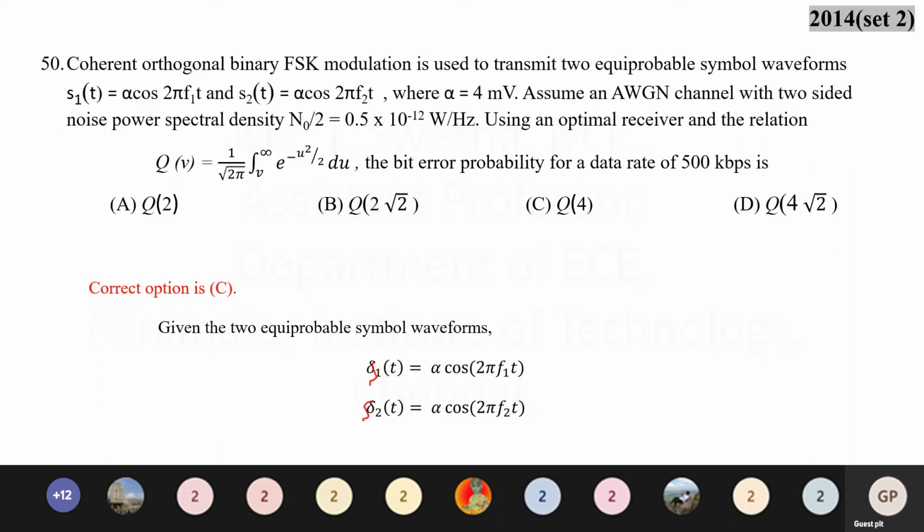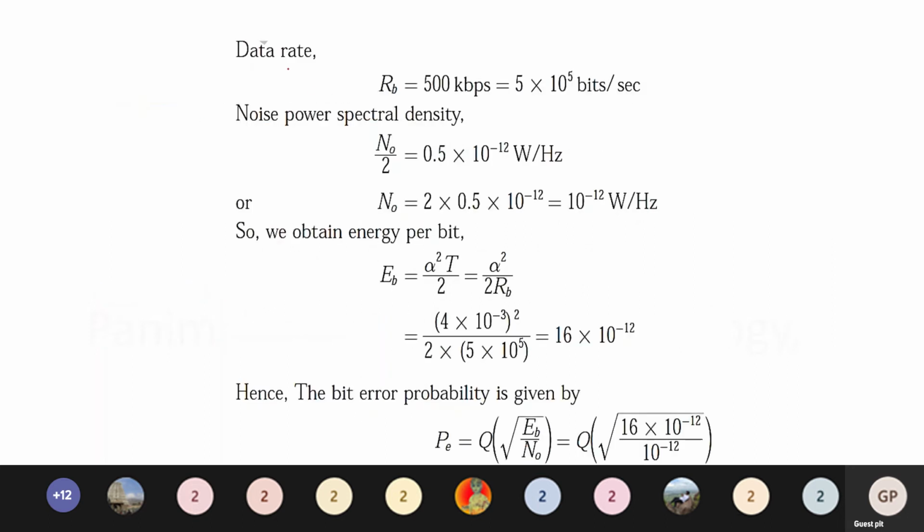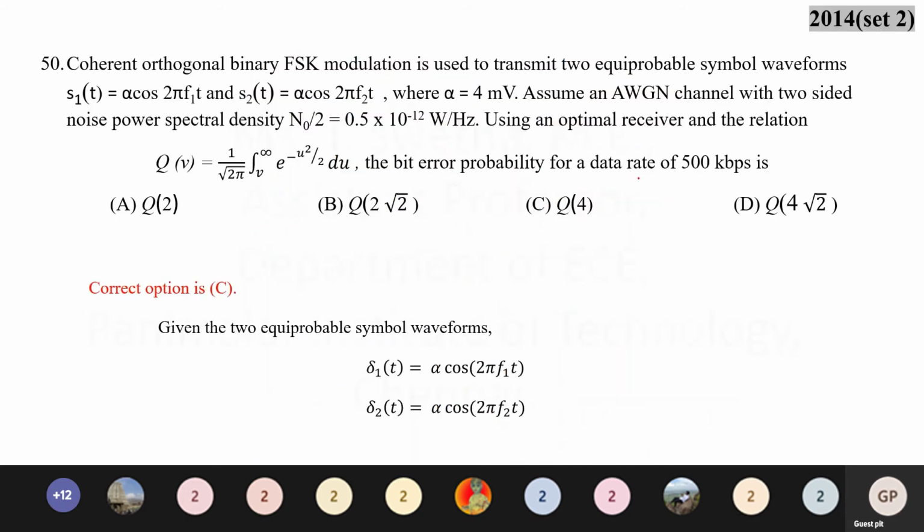Okay, so the next step: alpha is also given. The given data we are going to pick and write. Alpha is 4 times 10 to the power minus 3 volt. Next, the data rate RB is also given, from which we can get TB.